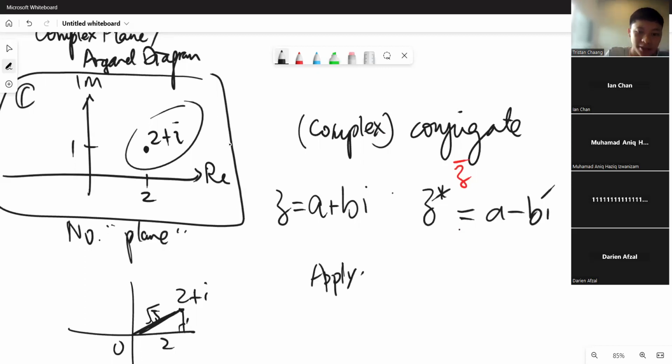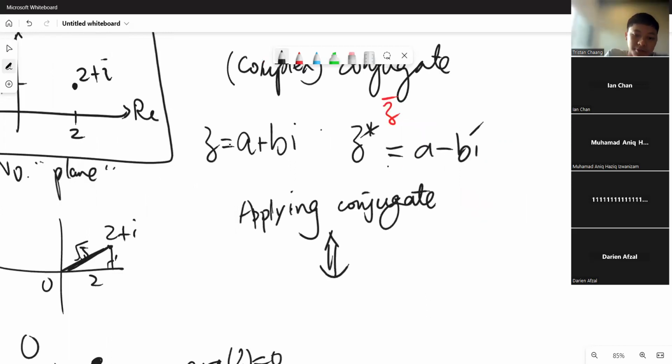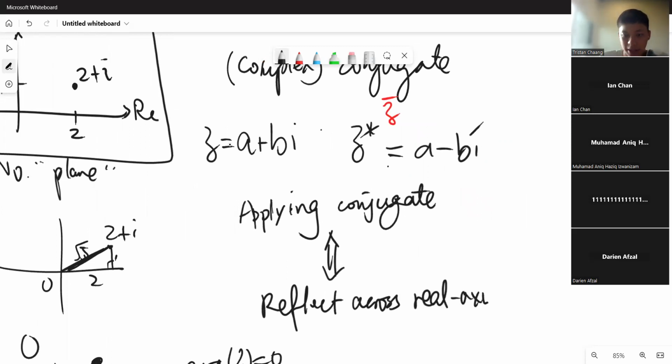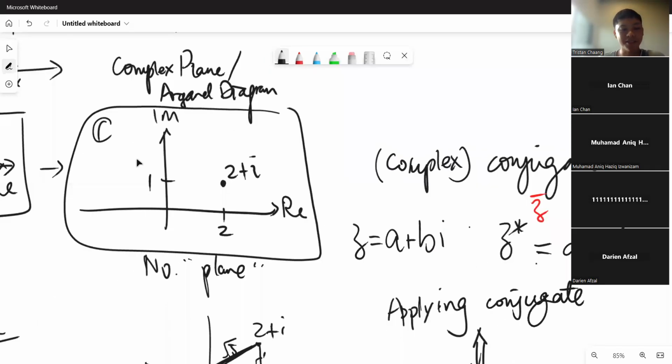What happens to the point? Reflect across the x-axis. Yes, exactly. So applying conjugate means to reflect across, sorry, real axis. I shouldn't say x-axis, real axis. So remember, this is not the Cartesian plane. So we don't say x and y axis, we say the real and imaginary axis.